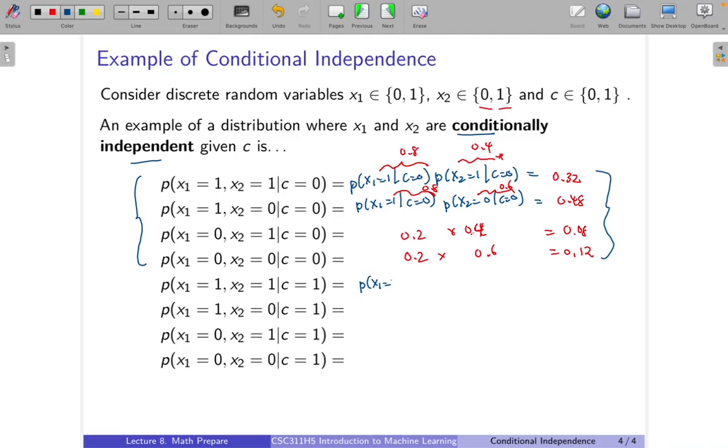So moving on to the case when C is equal to 1. Again, I have this decomposition, and now my probabilities are not tied to any values that we've seen before, so we can make up some new numbers. So let's say this is 0.7 and this is 0.3. All right, so that's going to give me 0.21. And likewise, here I'm going to get 0.49.